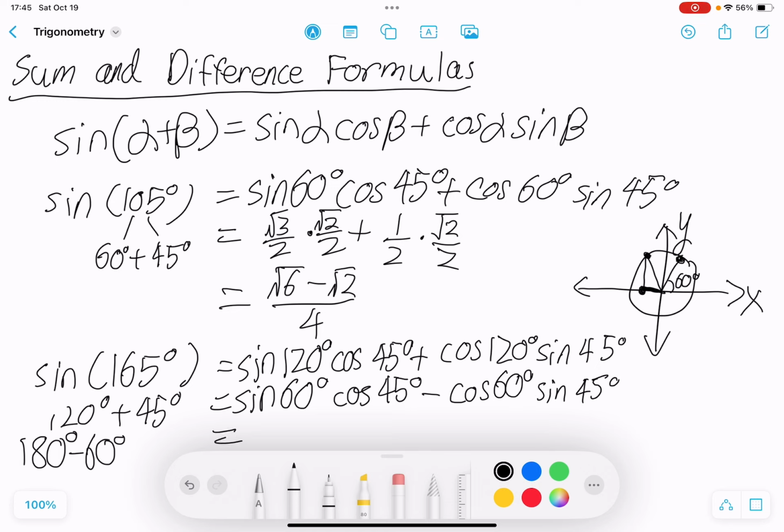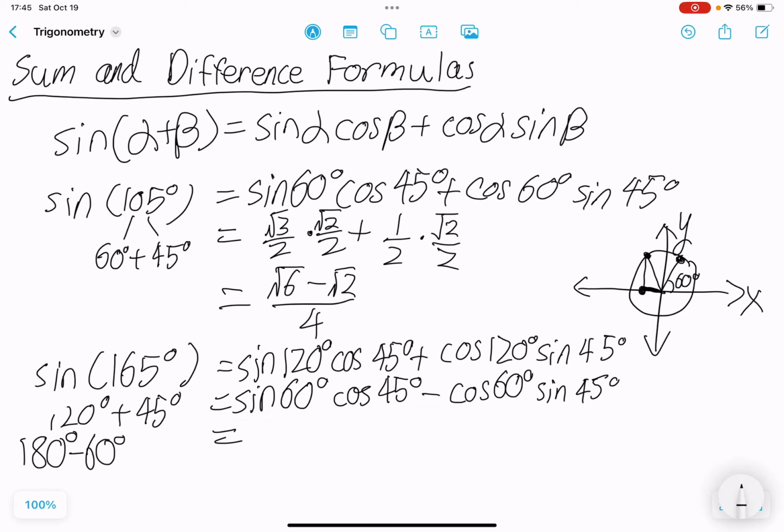So this is just going to be root 3 over 2 times root 2 over 2 minus 1 over 2 times root 2 over 2.